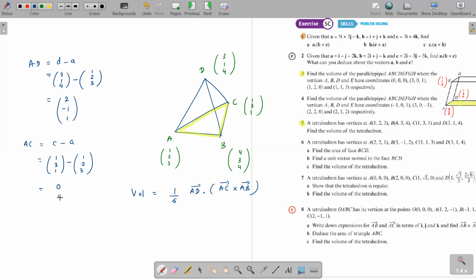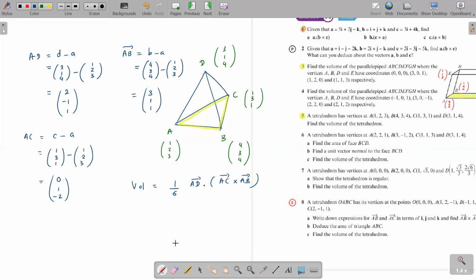That's 0, 3 minus 2 is 1, 1 minus 3 is minus 2. And then the AB vector is B minus A, which is 4, 3, 4 minus A. So 4 minus 1 is 3, 3 minus 2 is 1, 4 minus 3 is 1. Is that correct?